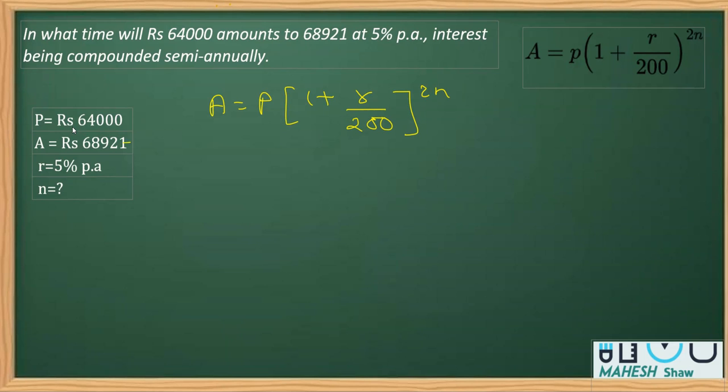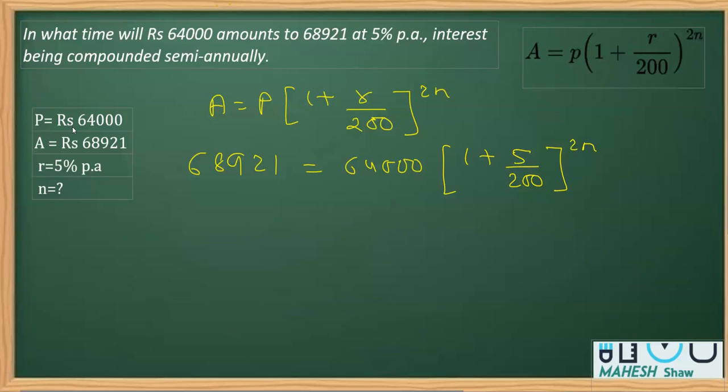So the amount 68,921 is equal to principal, which is 64,000, and then 1 plus rate of interest is 5 over 200 raised to the power 2n.